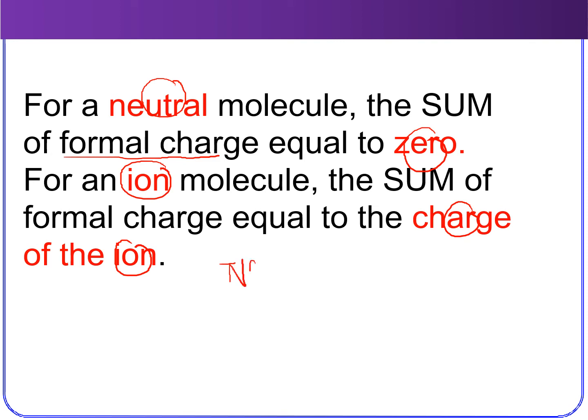For example, if you have the NO₃⁻ we drew just now, it means that the total formal charge for the nitrogen and these 3 oxygens totals up to -1. Okay, this is the meaning. For an ion, the sum of the formal charges always equals the charge of the ion. If you have CO₃²⁻, the formal charge will always be equal to -2.